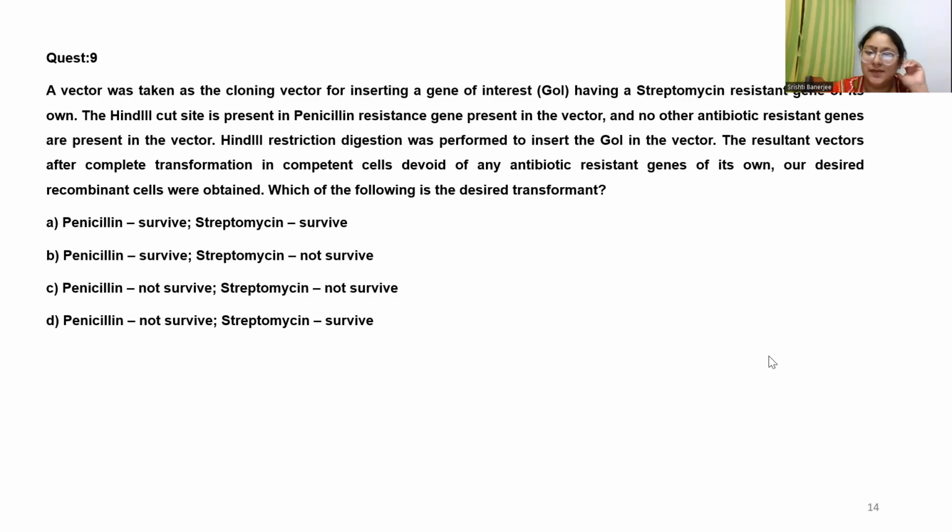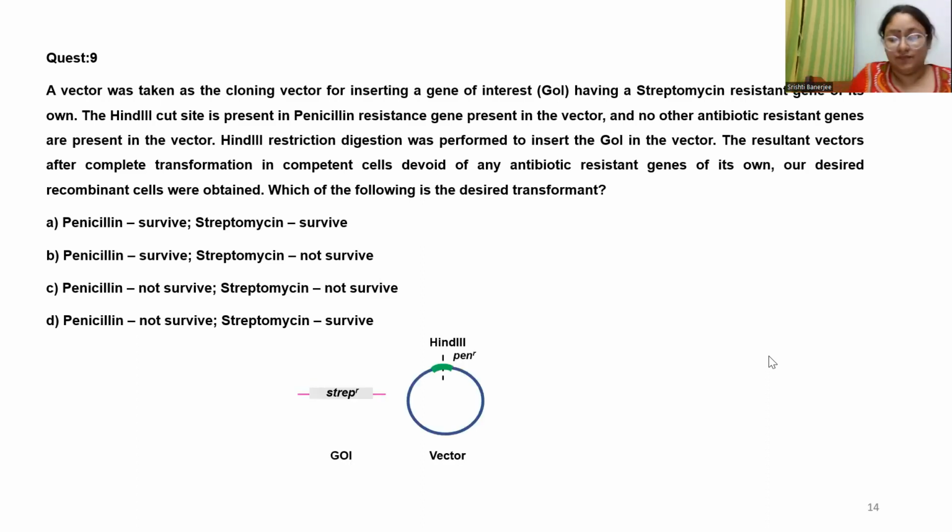It's a long question, but let's depict pictorially what is actually happening. You have a gene of interest which has a streptomycin resistant gene in it. So what does a streptomycin resistant gene or a penicillin resistant gene mean? It means that if you subject the cells to a culture where penicillin or streptomycin is present, they will grow because they have this resistant gene, which provides an enzyme to become resistant.